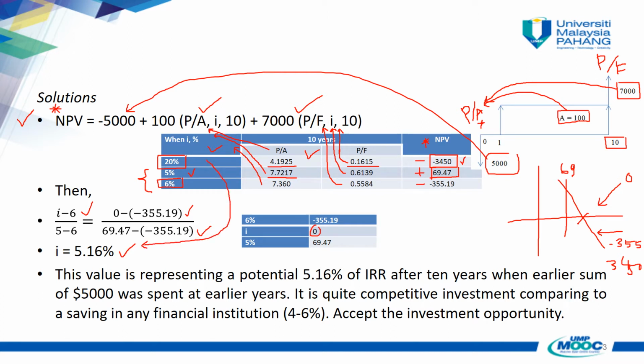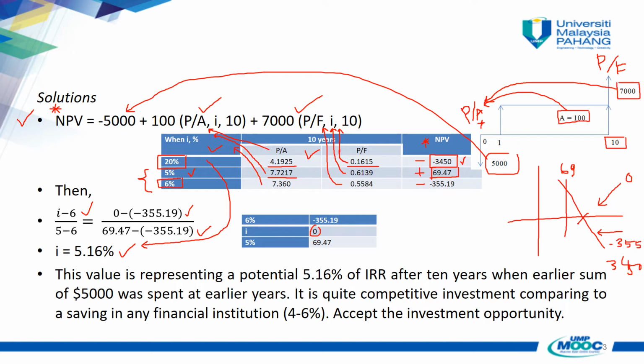Okay, so for each of our business deals or trading deals or project deals that we take, it will give you only a 5% margin, 5% profit after 10 years. So this value represents a potential 5.16% IRR after 10 years, when the earlier sum of 5,000 was spent in the earlier years.